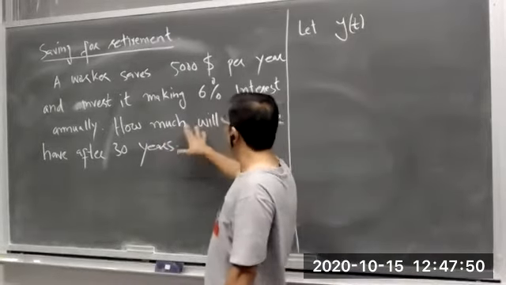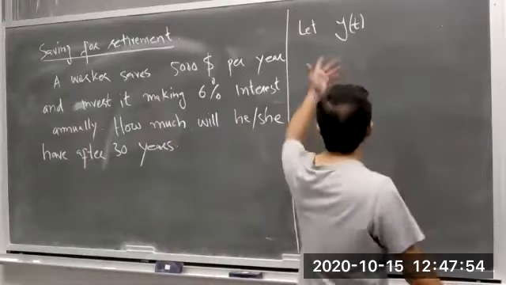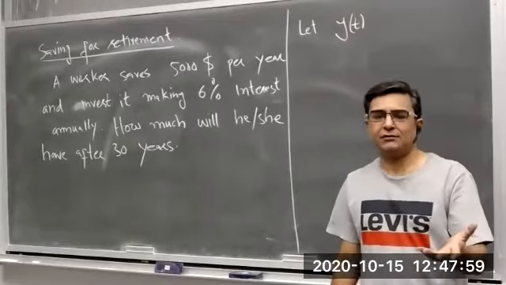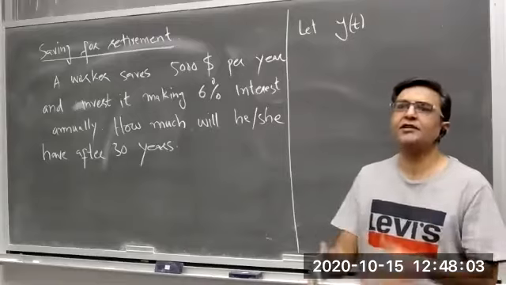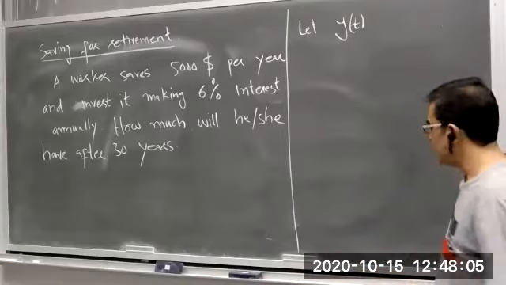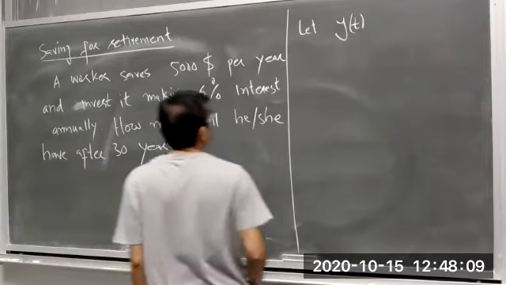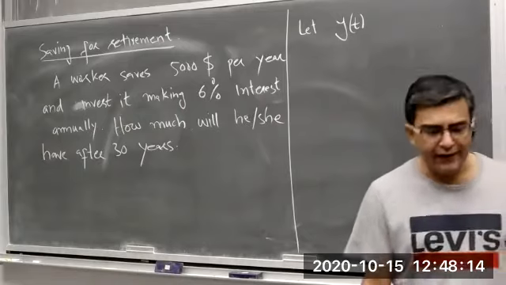How much money will he or she have after 30 years? So let y of t be the money he or she has at a certain time, after a certain number of years.